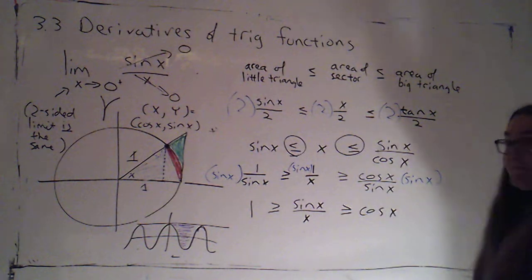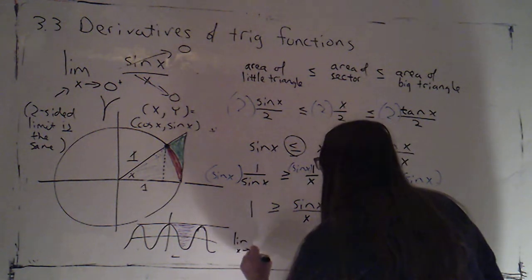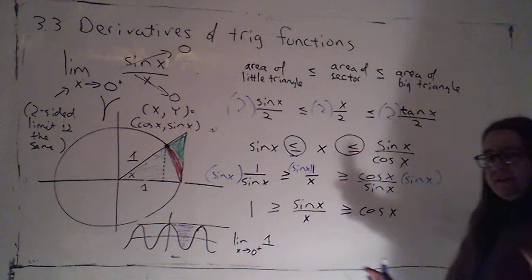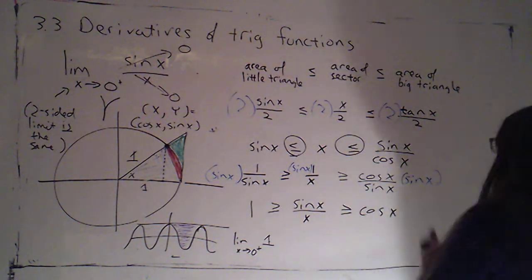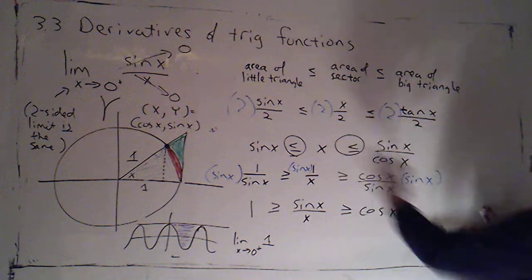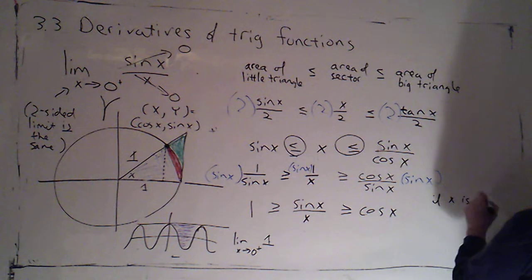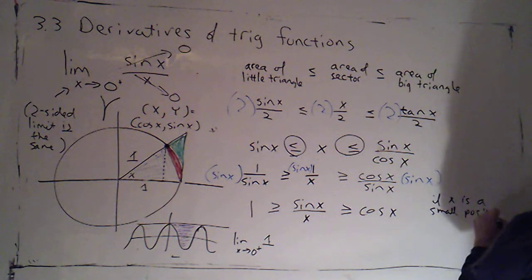So let's just confirm that. Okay, I'm going to take the limit as x goes to 0 from the right of 1. Don't want to take the two-sided limit even though I can, because this inequality, I'll even explicitly write this, I've been saying it often enough, this is if x is a small positive angle.